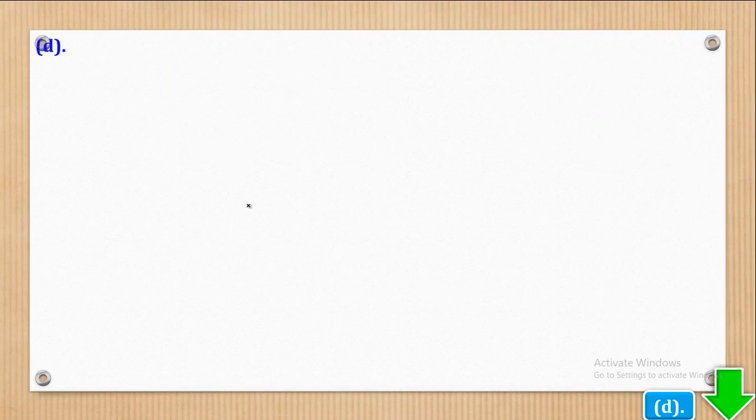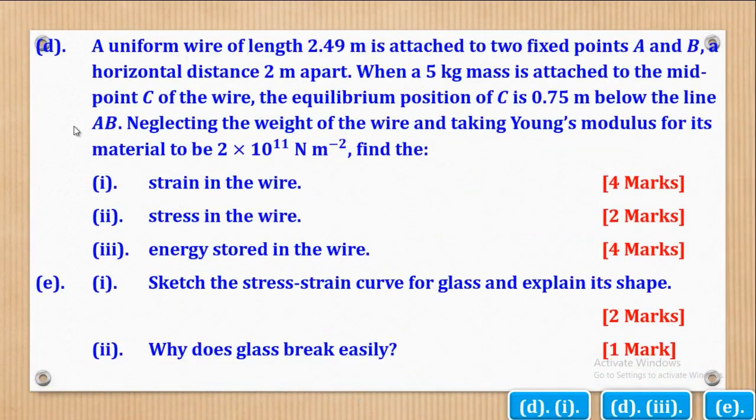So now we shall go to part D. Part D says, a uniform wire of length 2.49 meters is attached to 2 points A and B, a horizontal distance 2 meters apart.